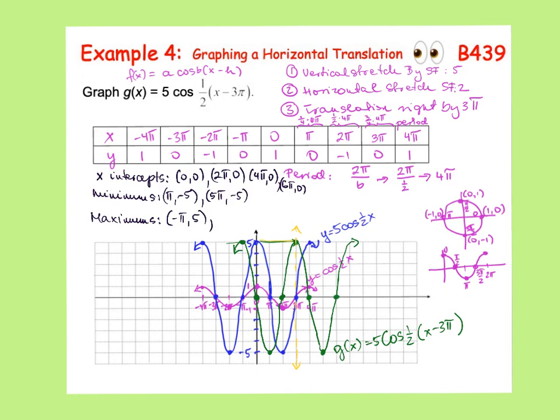Our next one is going to be 3 pi, 5. And our last one is going to be 7 pi, 5. So that point would be right over here.